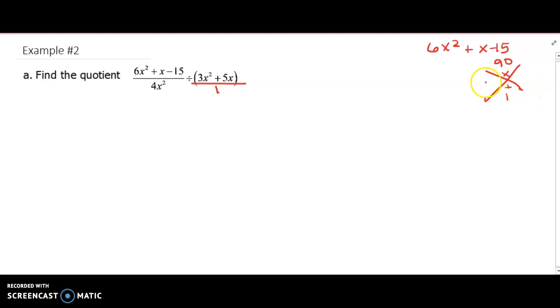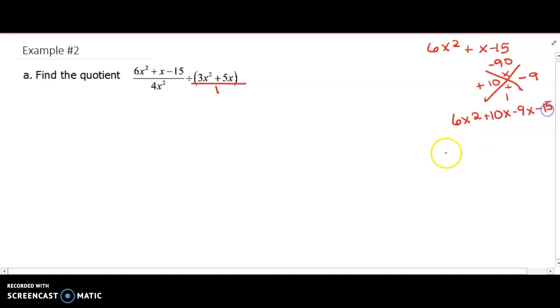So it'd be positive 10 and minus 9, because negative 9 times 10 is negative 90, and negative 9 plus 10 is positive 1. So if I want to factor that, I could change 6x squared plus x minus 15 to 6x squared plus 10x minus 9x minus 15, and then throw it in the box.